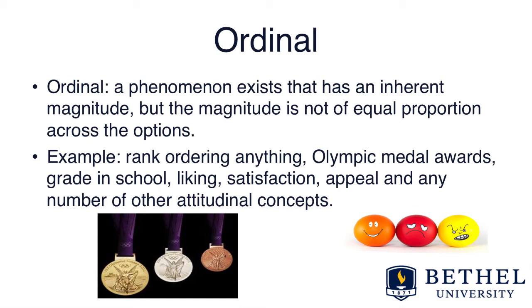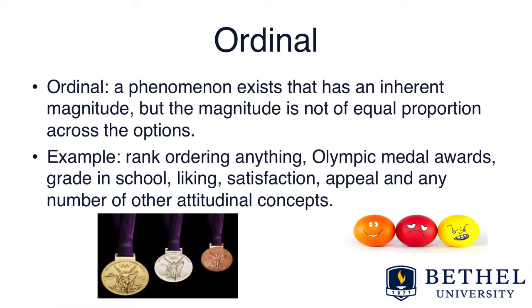Another example of ordinal scaling that's used quite a bit, certainly in consumer research, is the idea of liking. We create a Likert scale and we ask people to rate how much they like something, from don't like it at all to like it a lot, and maybe the midpoint is a neutral.